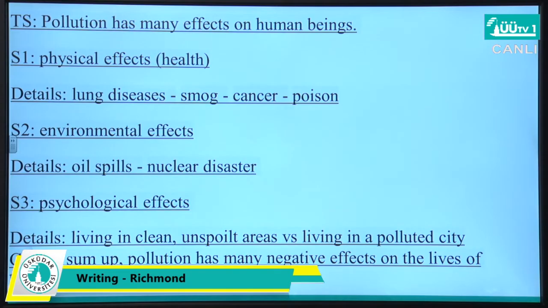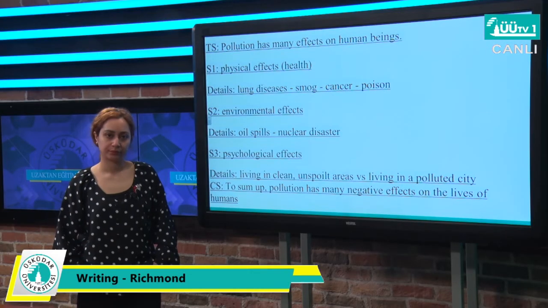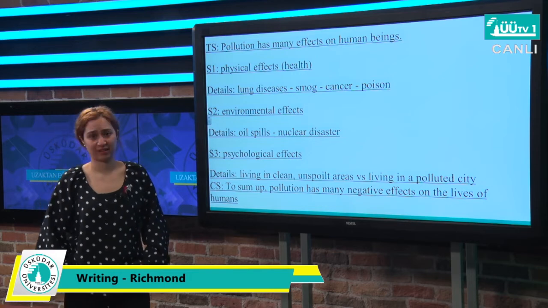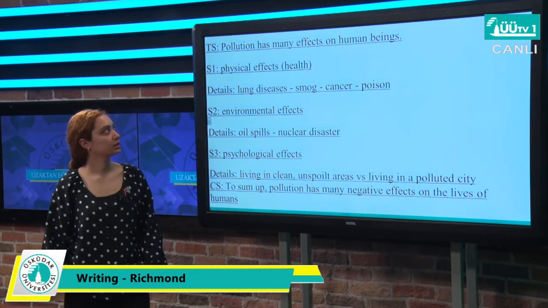So this is our outline. Firstly, of course, we have our topic sentence. Our topic sentence is: pollution has many effects on human beings. This is a good, simple topic sentence. Pollution has many effects on human beings.